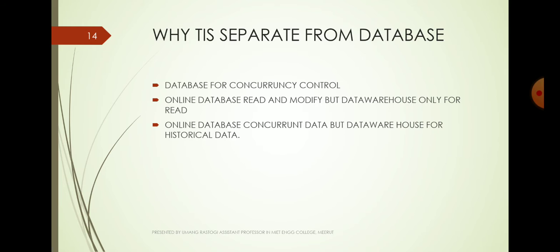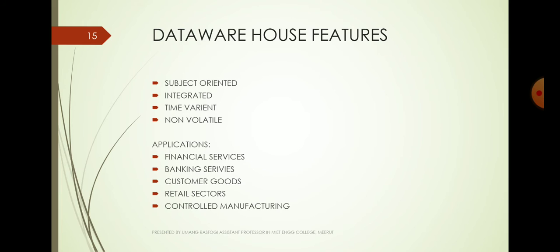Now we will discuss data warehouse features. So what are the features? First, subject oriented, meaning the data warehouse always collects all the historical data subject-wise. If any complex problem comes up in the future, we can sort that data very easily according to the subject.